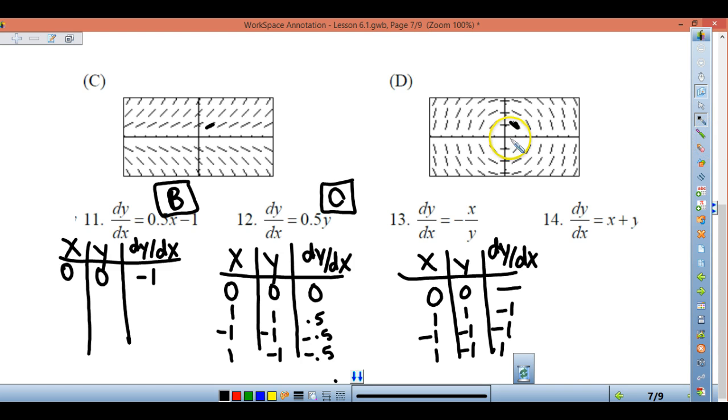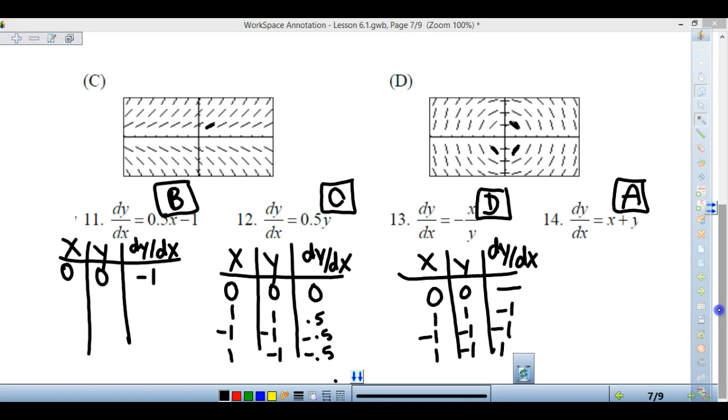At -1, -1, that also has a slope of -1. At 1, -1, that has a slope of +1. So this is following those patterns. Last but not least, this would match up with A if this were a matching problem.